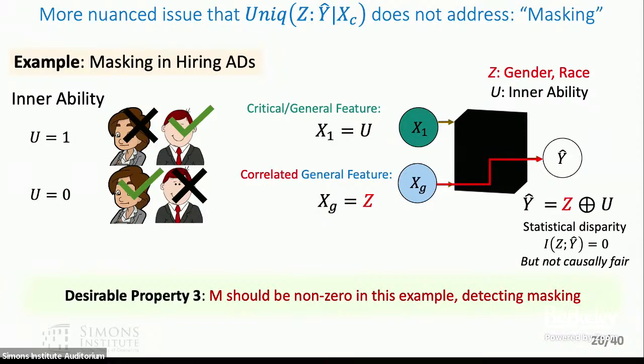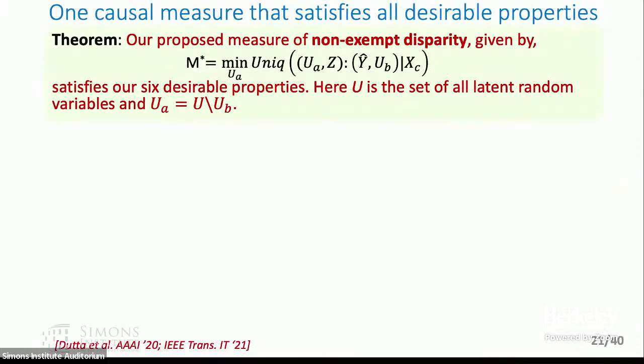And finally, we have one causal measure that satisfies all of these desirable properties, including masking. So this measure is the unique information between UA and UB, where U is the set of all possible latent random variables in our system, and UA and UB is a partition of all of those latent random variables. As you can see, this measure depends on the causal structure and requires knowledge of the latent random variables.